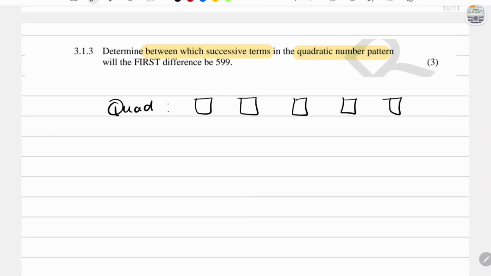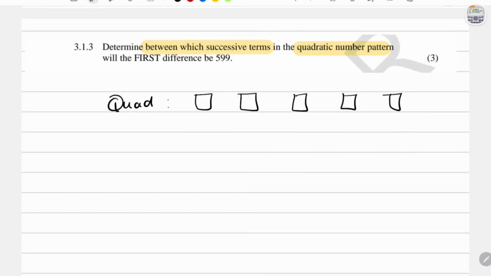And the question is asking you to determine between which successive terms, okay? So two terms that come after each other, it's usually two terms, okay? Because they said, will the first difference be that? For you to have one value as a first difference, it must be between two successive terms, two terms that come right after each other.